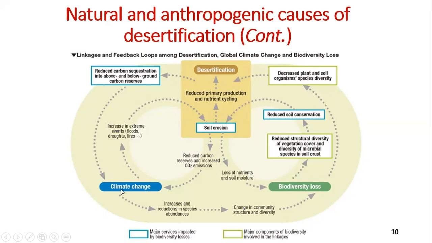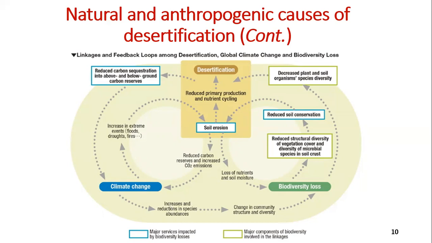Climate change. With climate change, it can increase the reduction in species abundance. That means that some, let's say, vegetation species or animal species will disappear.